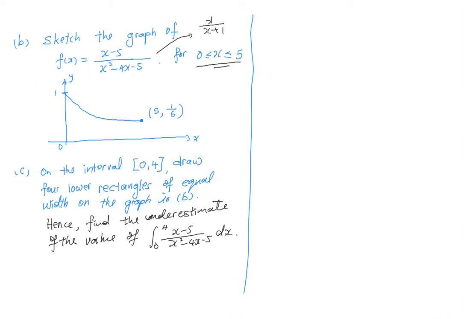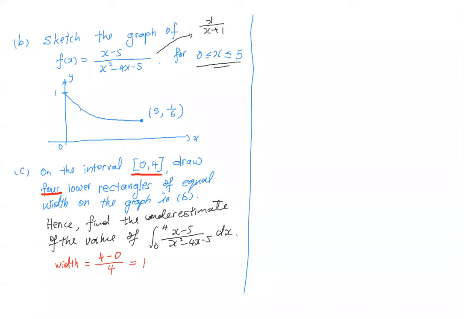Have you drawn the lower rectangles? If you want to draw, because I say 4 rectangles, the width of each rectangle will be (4 minus 0) divided by 4, so I get 1.